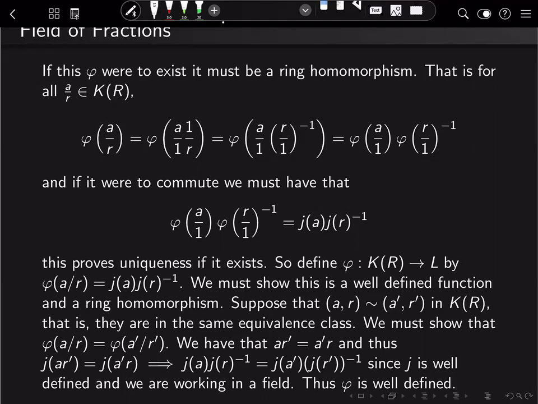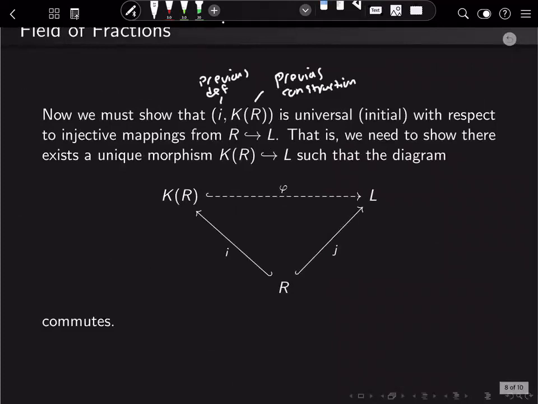So if it was a ring hom, this would be the case. So we'd have phi of A over 1 times phi of R over 1 inverse. But we know that if the diagram were to commute, then phi composed with I has to be equal to j.